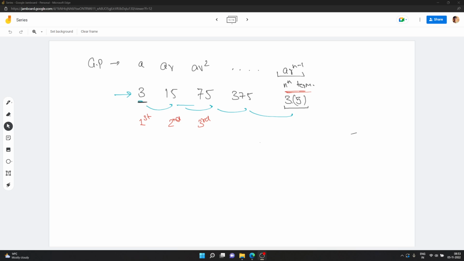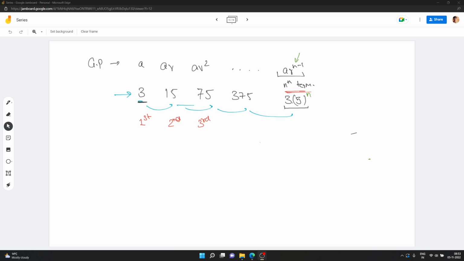And when n is equal to 2, the second term has to be the nth term, and so on, right? So we should be able to put something in this n right here and find it out. So we want the formula for the nth term. What number should we put? If we say it should be n here, let's just try.